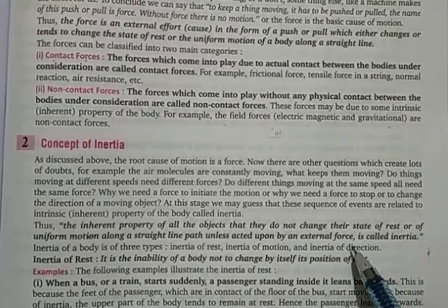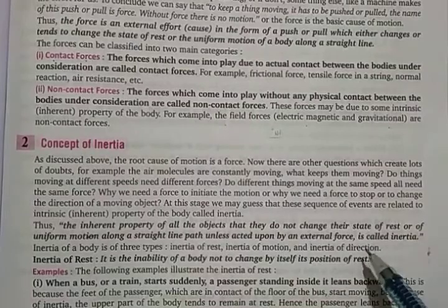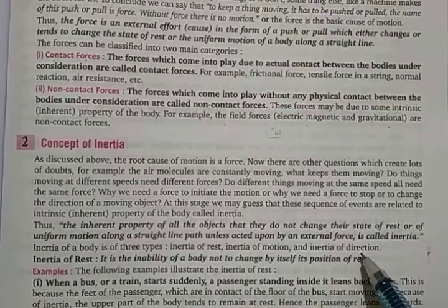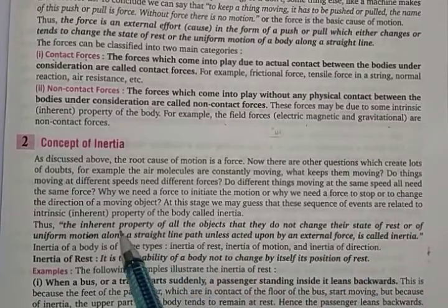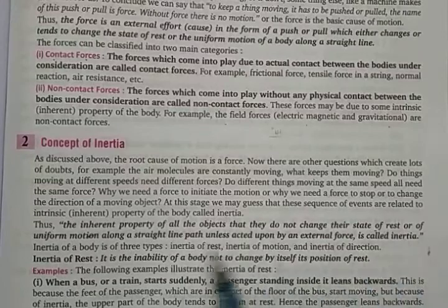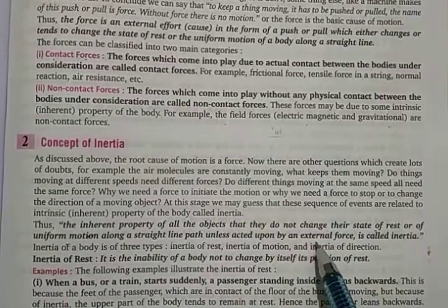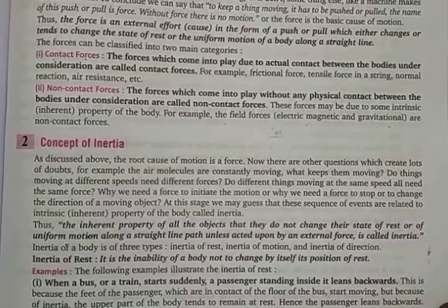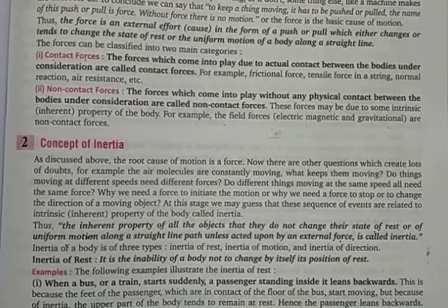They need something external to change the state of rest. Before any external agency comes, there is a basic property of inertia: if it is at rest, it will be constantly at rest. Uniform motion means it will constantly go on in uniform motion unless and until acted upon by an external force. So force is given here, inertia is given here.